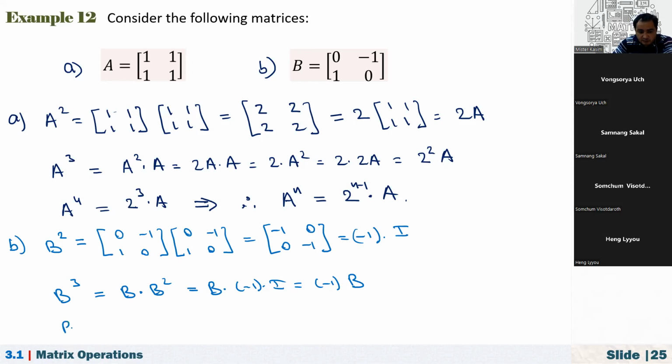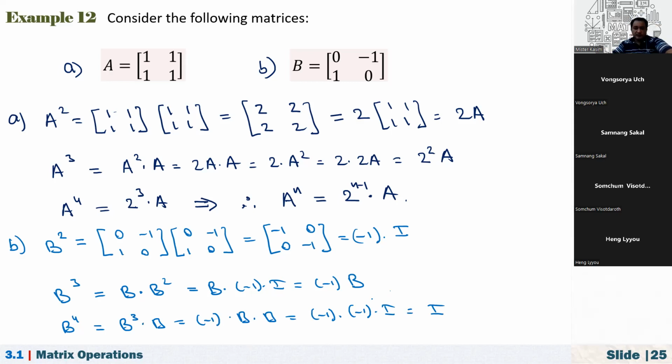Now how about B to the power of 4? B to the power of 4 is B cubed times B. What is B cubed? That's equal to -1 times B. And here we have B. And -1 times, what is B squared? B squared is -1 times I. So that's equal to just I. So what can we conclude here?